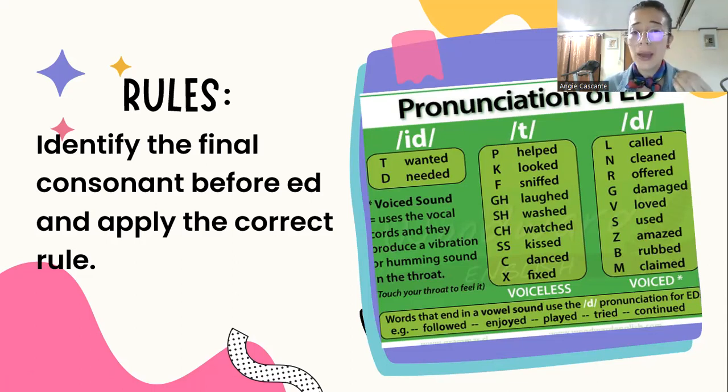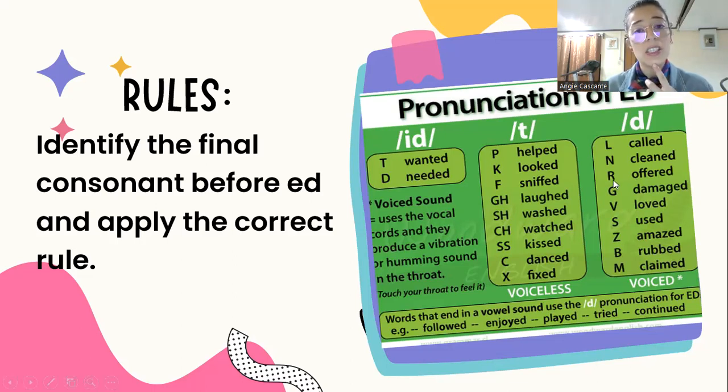But if you want to make it past, you have to pronounce it with a T at the end. So my mom helped me with my homework. Helped. Look. Well, yesterday, she looked very sad. Can you listen to that final t sound at the end?